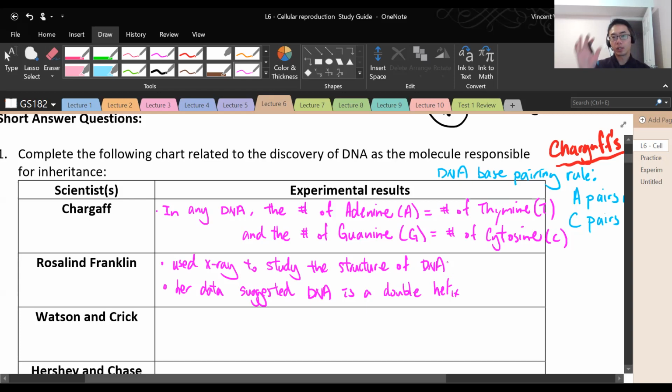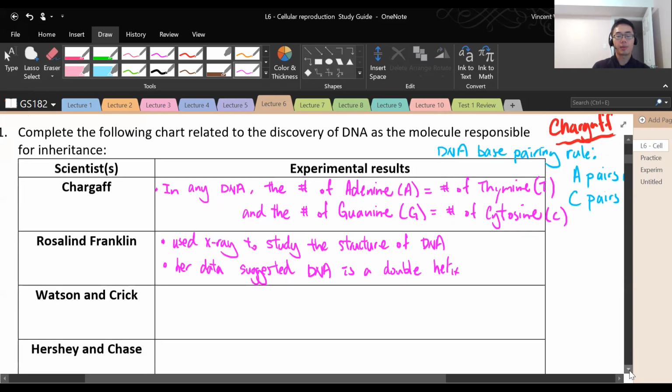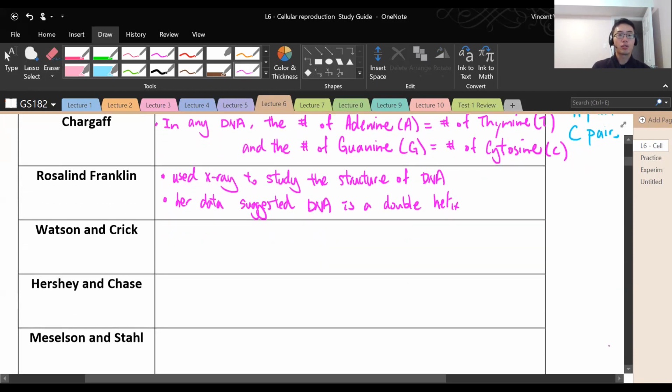So we're all familiar with the twisted ladder, right? She was not able to finish her work because she died from ovarian cancer, probably due to the exposure to X-ray. Back in the day, they didn't have as much protection as they should while working with X-ray.